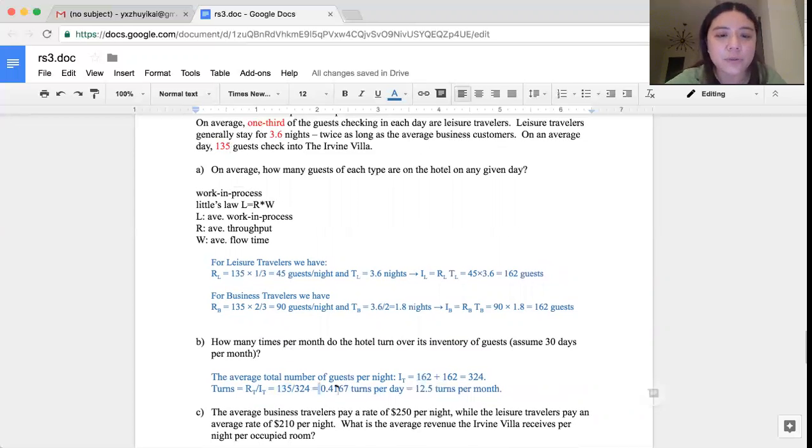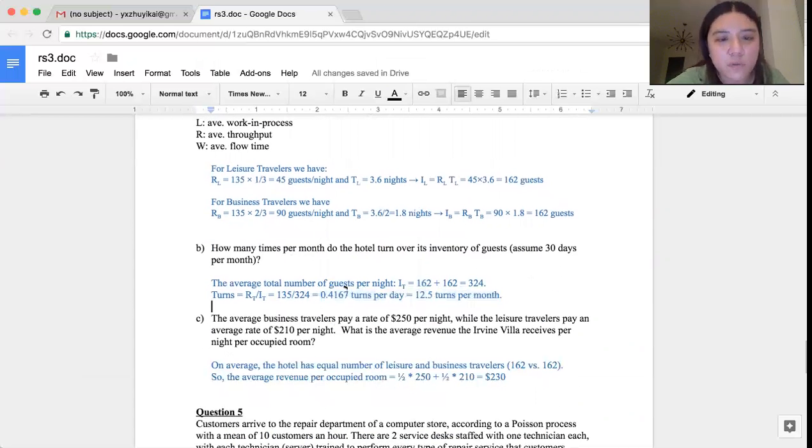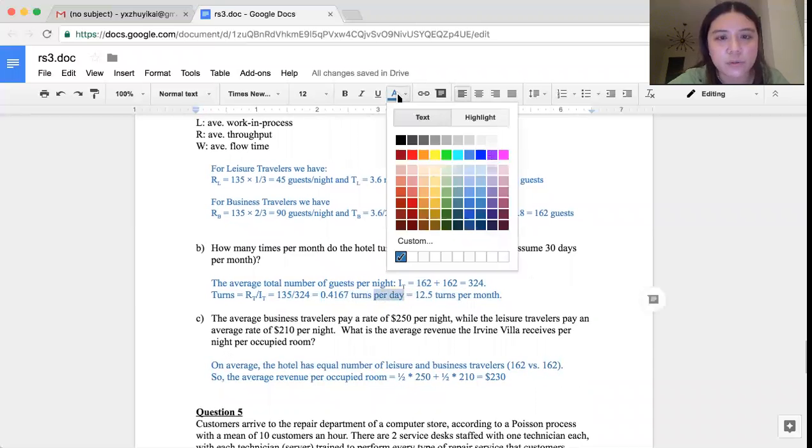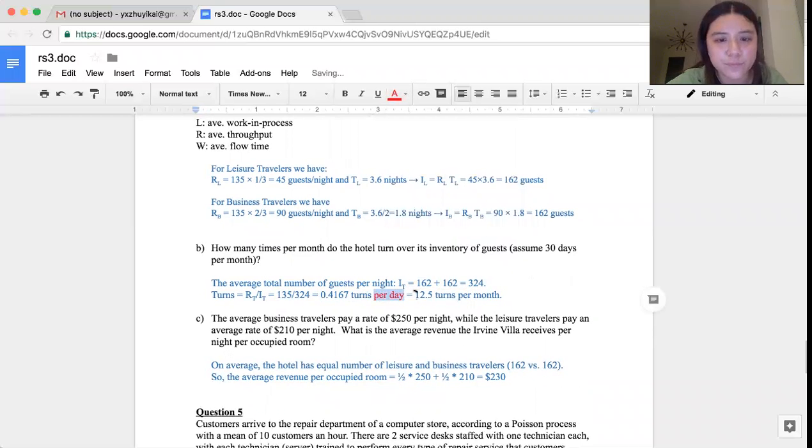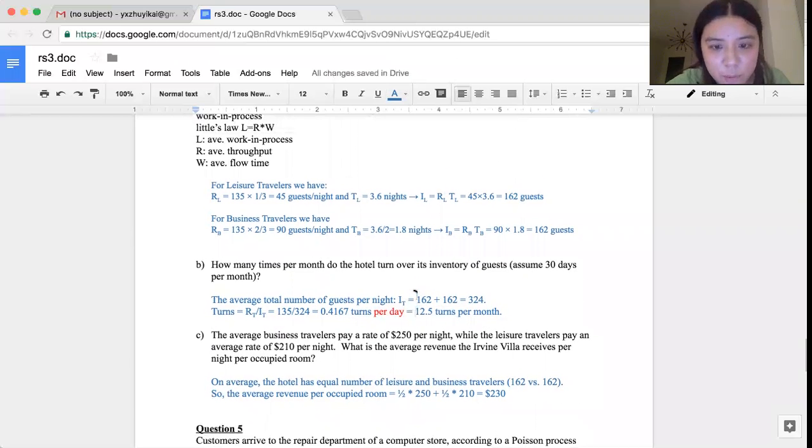And this equals 0.4167 turns per day. And we need to convert it to the turnover per month. So we use this number times 30 days per month.